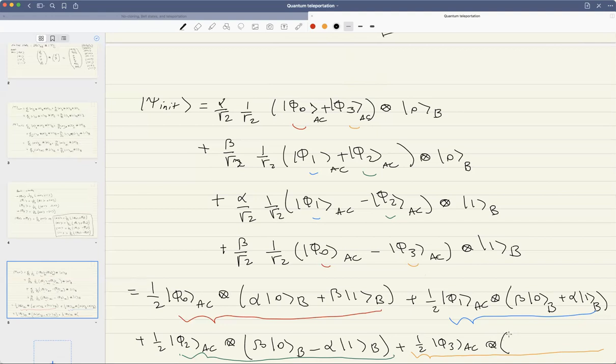Now, what do I have? I have an alpha for 0 here. I have an alpha here, a 0 here, and here I have a minus beta for 1. All right.